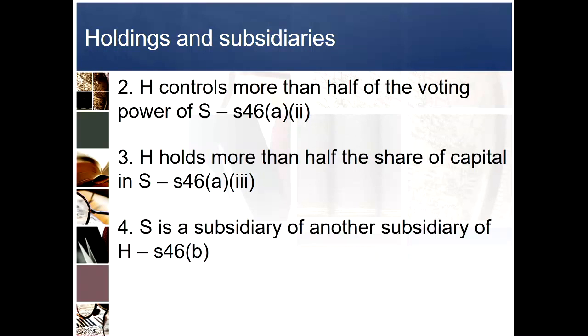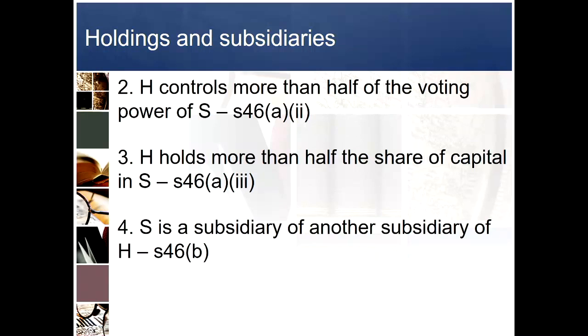There is limited liability between the holding and the subsidiary company. Remember what I talked about earlier, why you might set up as a corporate group? It's a good way to quarantine your risk because shareholders are not liable for the debts of the company that they are a shareholder of.